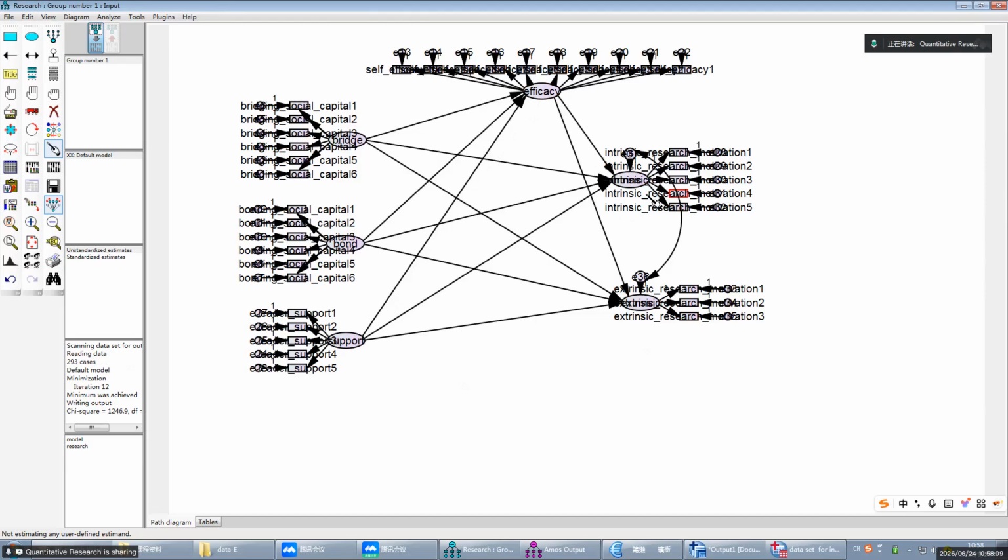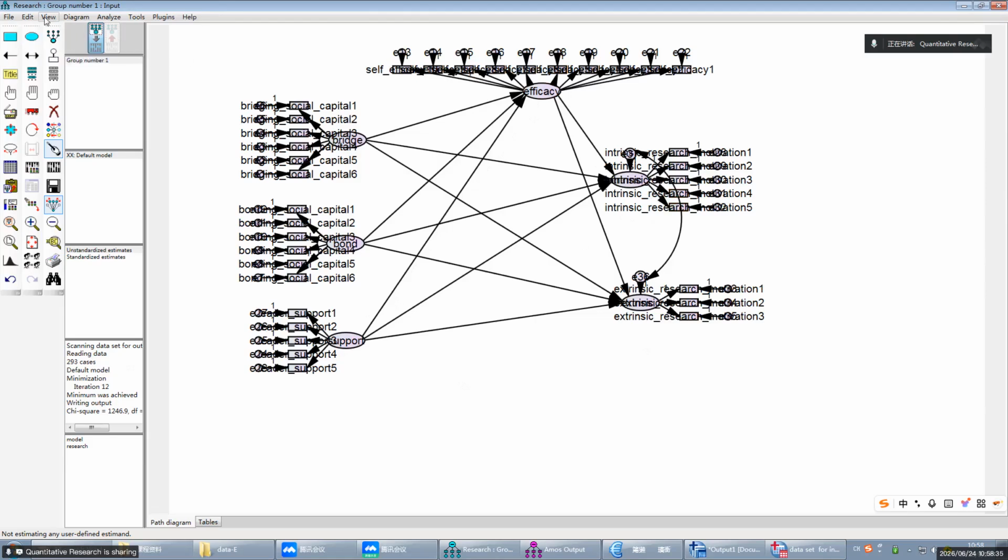But we are not sure whether they are significant. They are potential mediation paths. We don't know whether they are significant, so we have to conduct mediation tests. Now I show you how to test mediation.